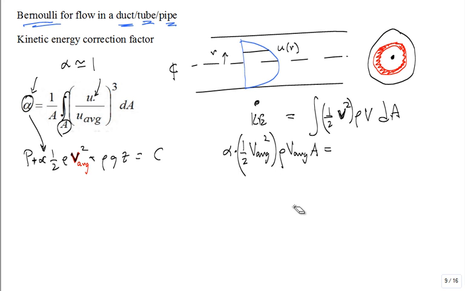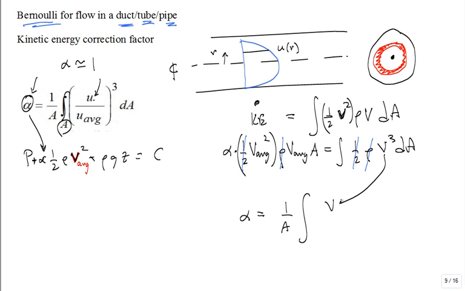All right, so here's my equation, 1/2 rho V cubed dA. Can I cancel the 1/2s? If its density is uniform, and so we pick up the equation for alpha. Alpha is 1 over the area times the integral. We get a V cubed from there, and we get a V average cubed from there, from this side, bringing it over, dA.